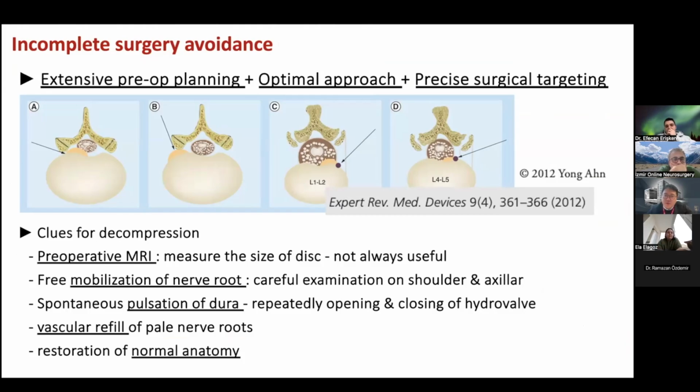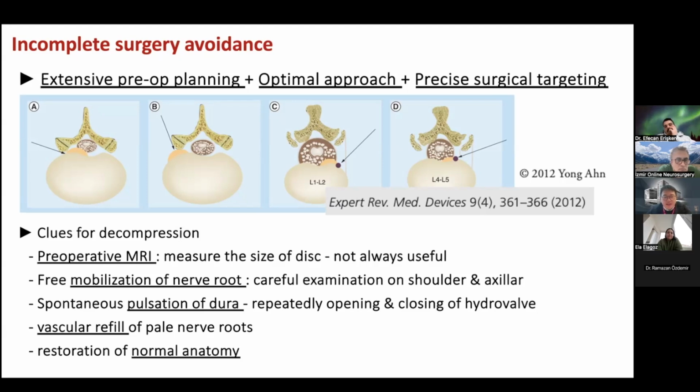It is also important to have an optimal approach with precise surgical targeting. So landing on the right spot means that you have a better chance of avoiding incomplete surgery. Additionally, there are certain clues that give you a pretty good estimate that you have sufficient decompression intraoperatively.